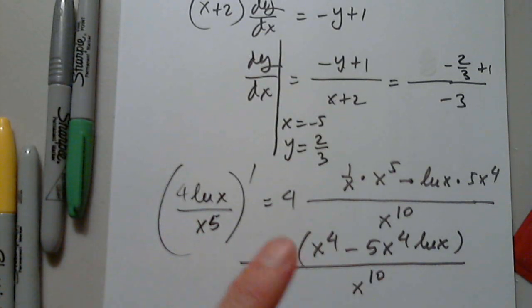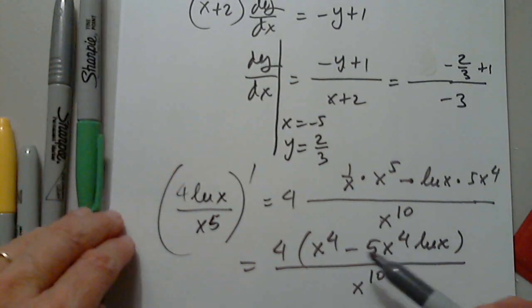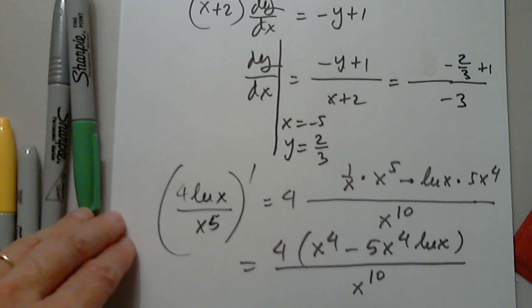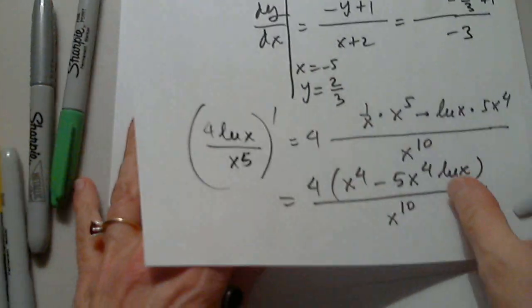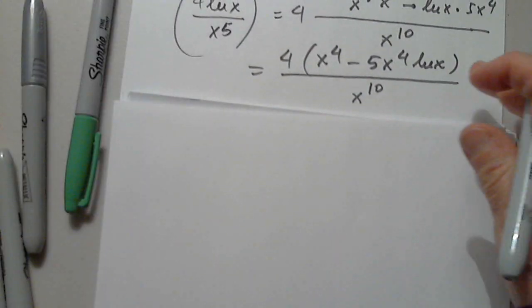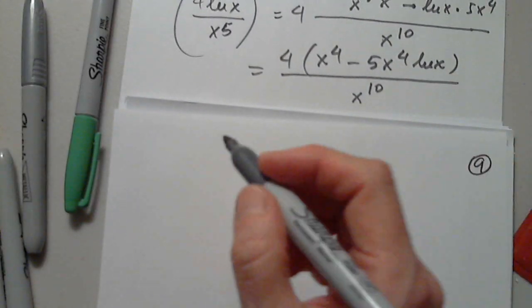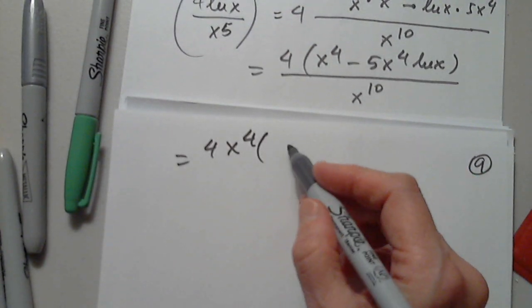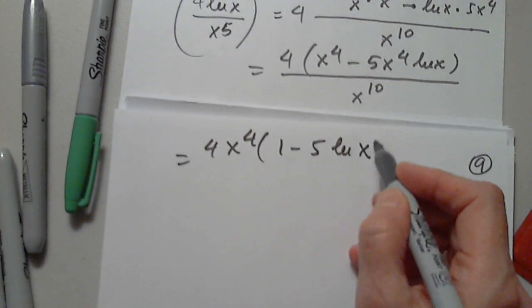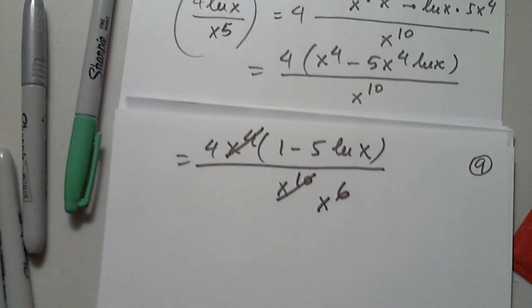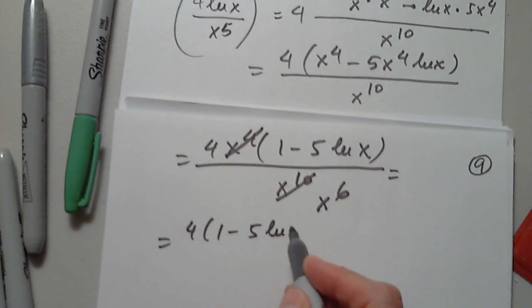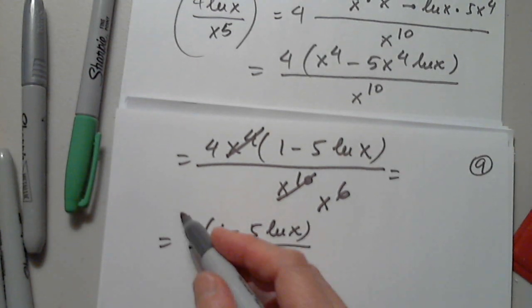I recommend you can keep it as is, but you can factor out x to the 4th and then simplify. So if you factor out x to the 4th, then you get 4x to the 4th, and this is 1 minus 5 natural log x over x to the 10th. And only now you can simplify. And then the simplified form will be 4, 1 minus 5 natural log x over x to the 6th.